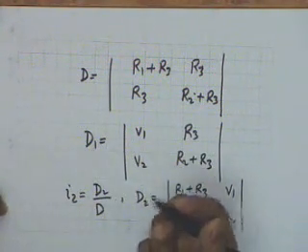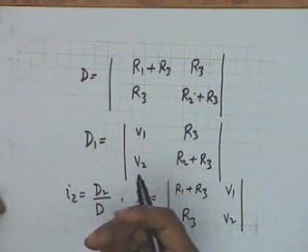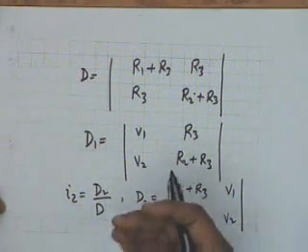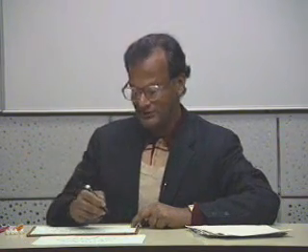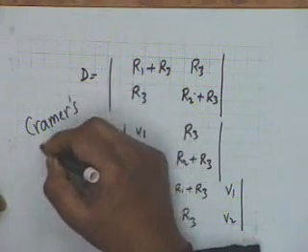It is trivial in the case of a 2 by 2 matrix or a 2 loop network, but in the case of a general n loop network where n is greater than 2, it is a mechanization of solving a set of linear equations which we get by loop analysis or branch current analysis of a network. This solution is associated with the name of a gentleman by the name Kramer. So we have applied Kramer's rule.